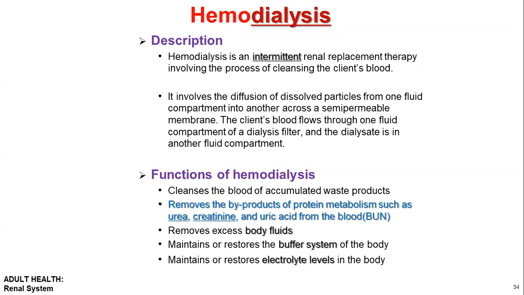So hemodialysis is mostly used for chronic kidney problems, but in some clinical scenarios like acute kidney failure, we use hemodialysis as well. Usually hemodialysis is done 3 times a week, right?